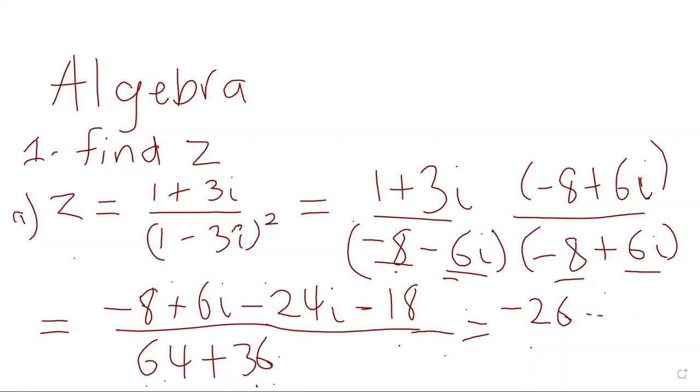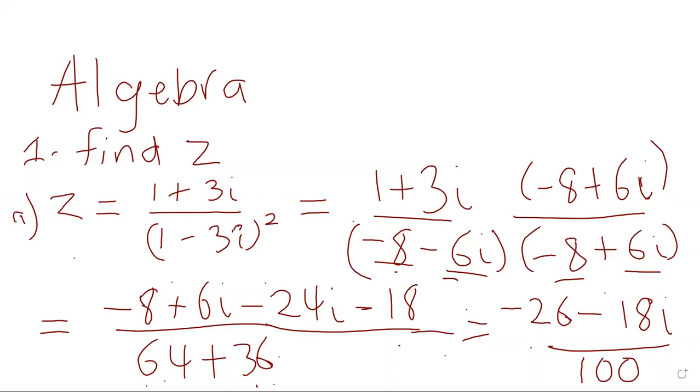That will give us minus 18i, all over, and 64 plus 36 is just 100.